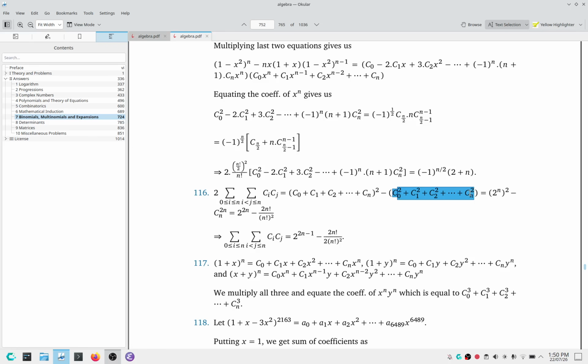So we know the expansion of (1 + x)^n. Now we write it as (x + 1)^n. So it becomes c0 x^n + c1 x^(n-1) + c2 x^(n-2) and so on up to cn. Now we multiply both and take the coefficient of x^n. So that would be 2n Cn. So yes, it is correct. It would be equal to 2n Cn.